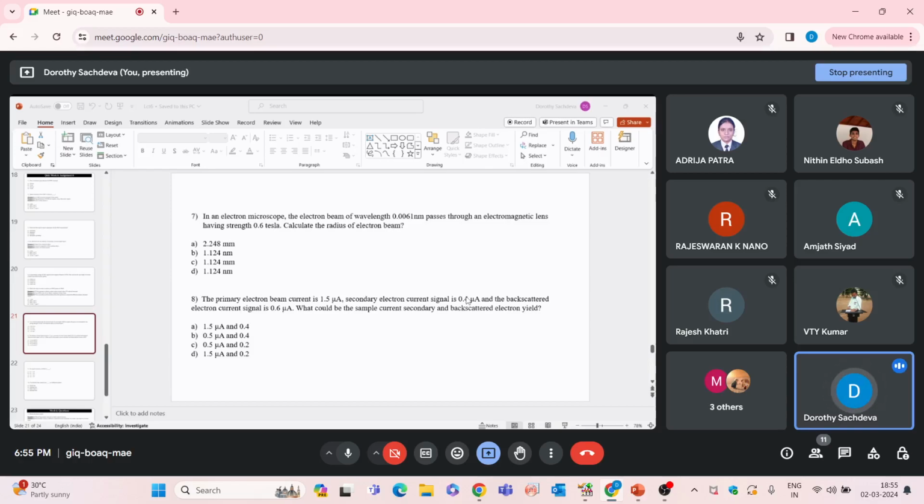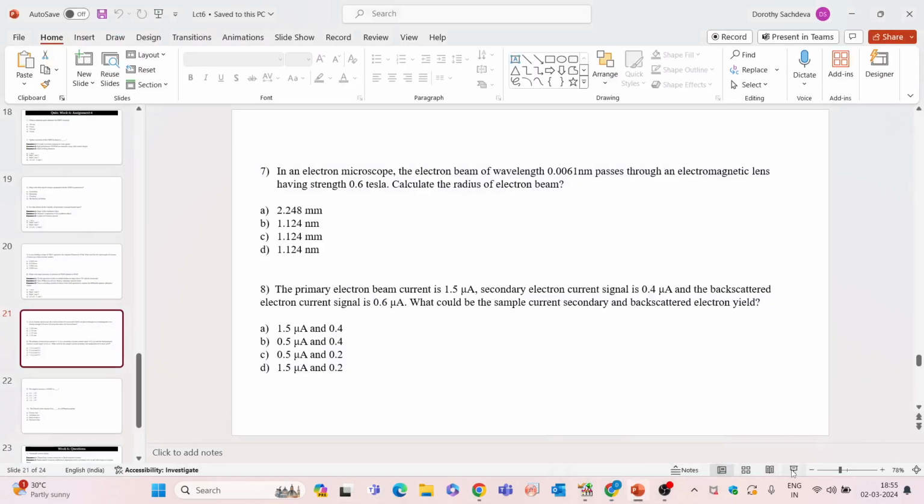Anyone is not able to calculate it? Why? I'll write the formula once again. Please try, please.